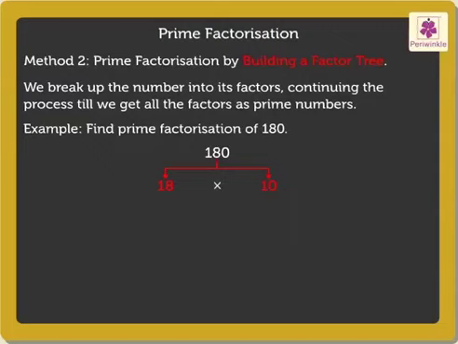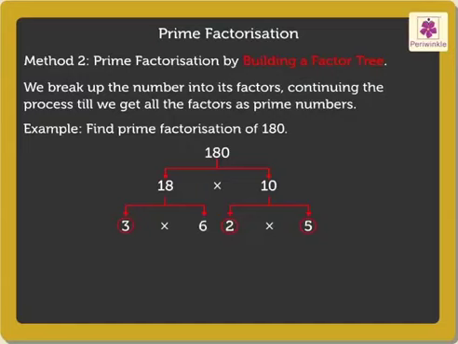Now, both these numbers are composite numbers, so we again break them into their factors. So, we can write 3 into 6 for 18 and 10 can be written as 2 times 5. Here, we get 3 prime numbers, 3, 2 and 5 as factors. We are still left with a composite number 6.